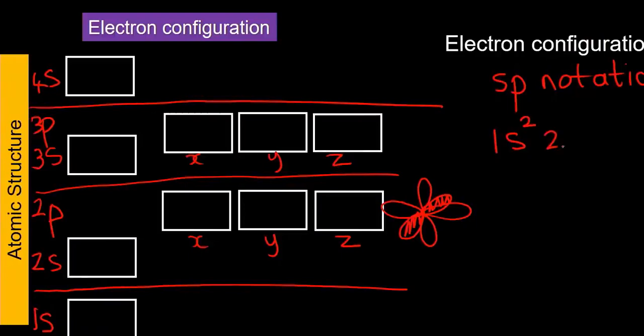Then it becomes the 2s, a maximum of 2, 2p, a maximum of 6, 3s, a maximum of 2, 3p, a maximum of 6, and then obviously our last one would be the 4s, maximum of 2. So that is the other way of representing how the electrons sit around the nucleus of the atom.